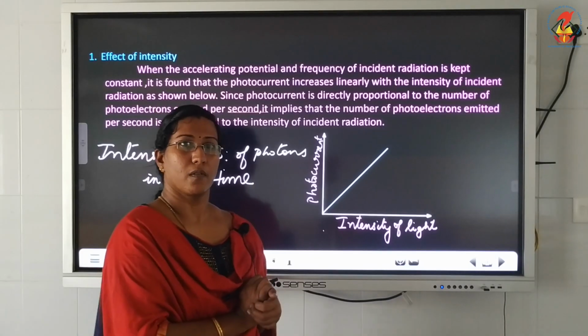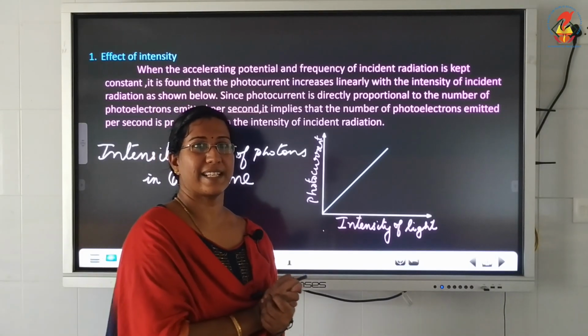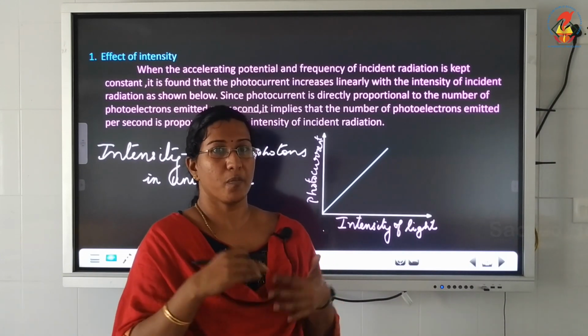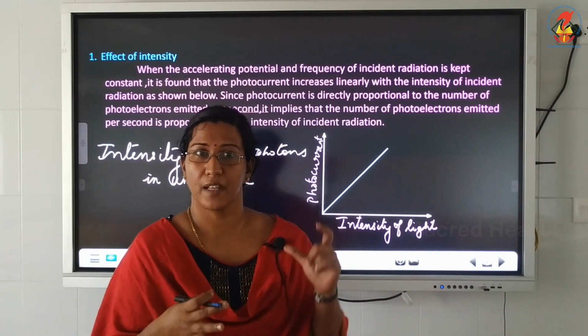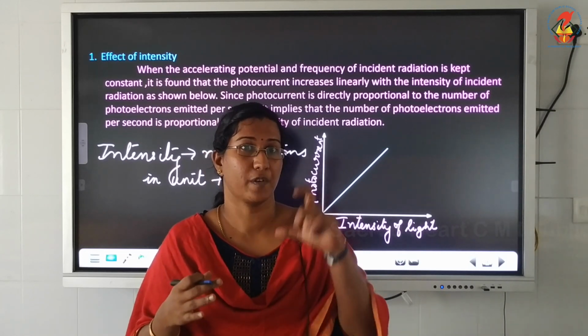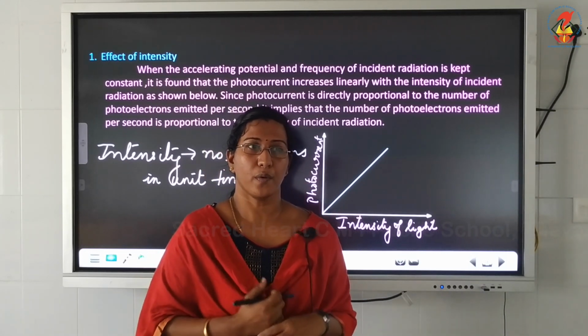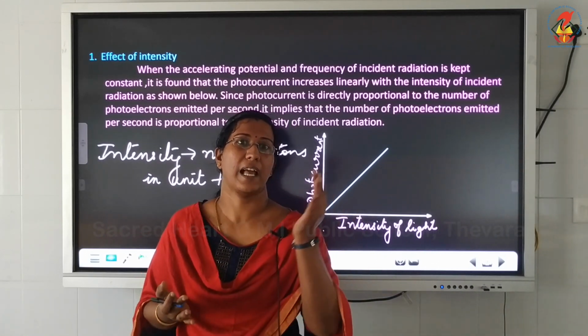Each photon can eject an electron, which means one photon can eject one electron from the metal surface, provided the photon has a definite amount of frequency known as the threshold frequency. So as I told you, one photon can eject an electron.